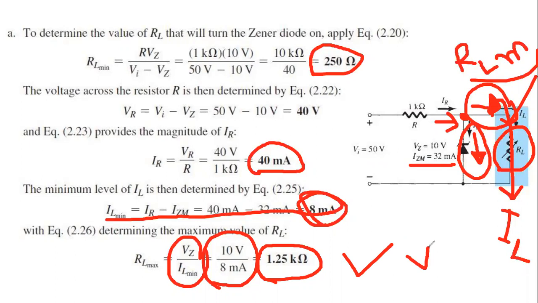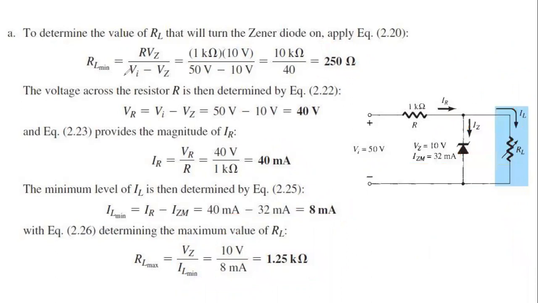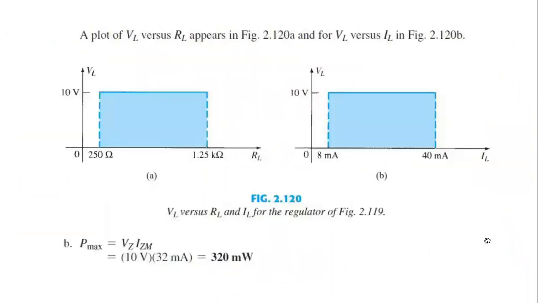Everyone is clear, my students? Okay, you see that now from here, we are told to find out the range of RL resistance. So the minimum is 250, the maximum is 1.25 kilo ohm.